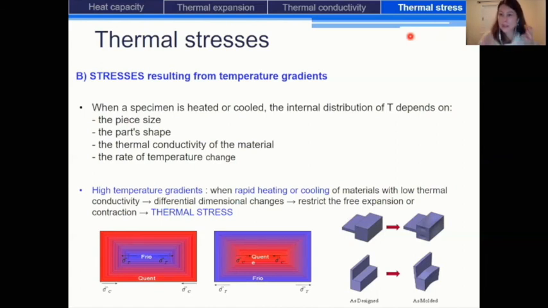So first we will decrease the temperature of the surface of this structure, whereas the internal part will still be hot. Until the thermal conductivity decreases the temperature of the internal part of the piece, we have thermal stresses that will be created in the structure. And so that's why we observe some distortion and defects in the injected pieces when we don't control very well this process of cooling and of creation of thermal stresses.